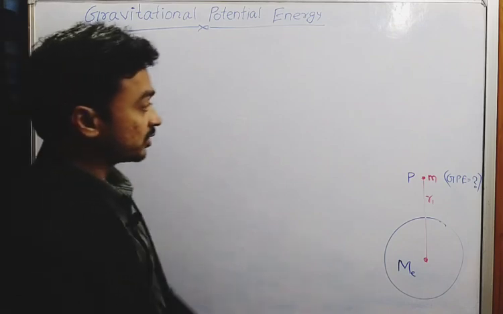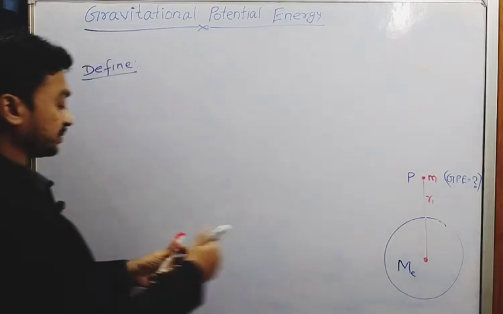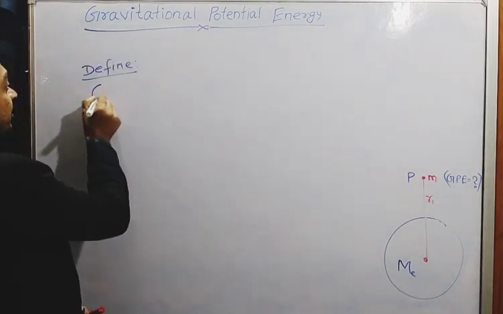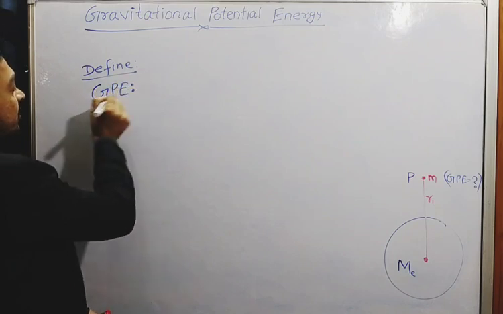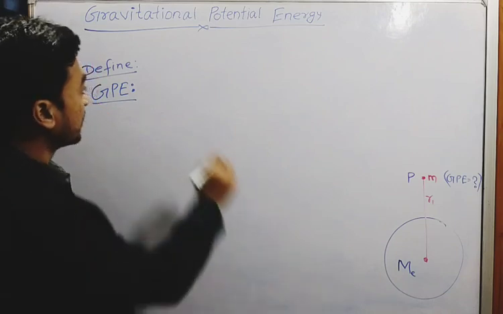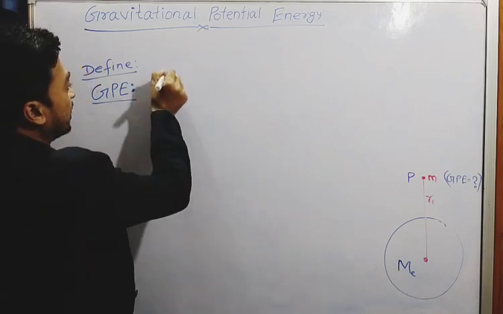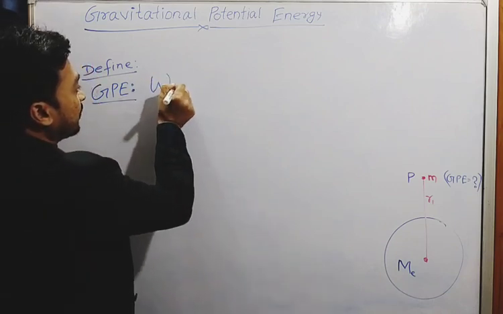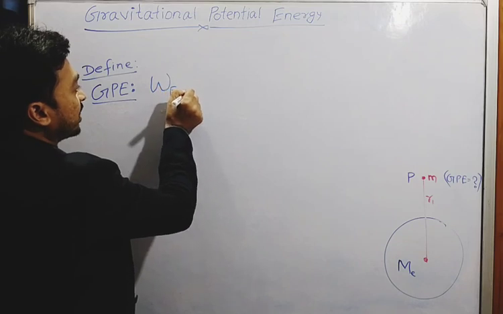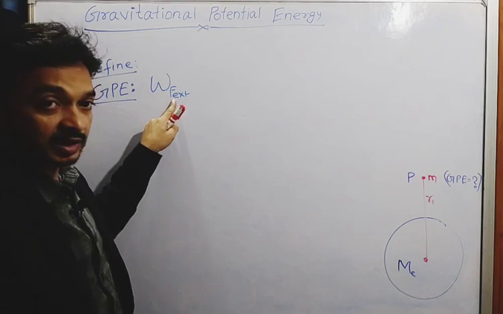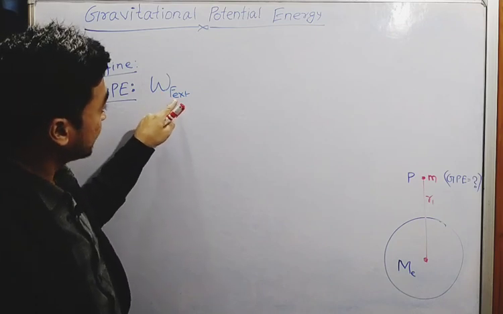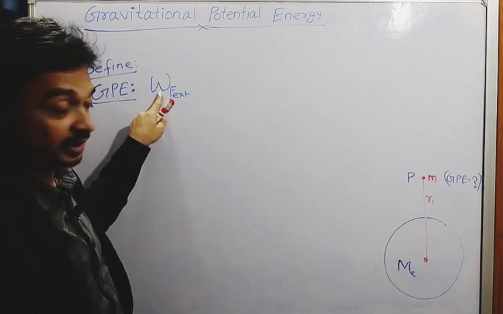Okay, so the definition is: gravitational potential energy of an object is defined as work done by external force. I am showing the external force F-ext, and W for work done.